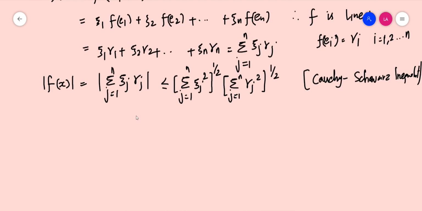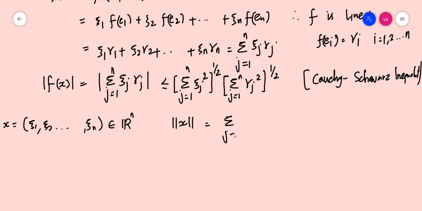Now, since we consider our elements theta 1, theta 2, etc., theta n belongs to Rn, Rn has the usual distance metric. Here norm x should be equal to, by the definition of Rn, summation j equal to 1 to n theta j square, the whole raised to 1 by 2.